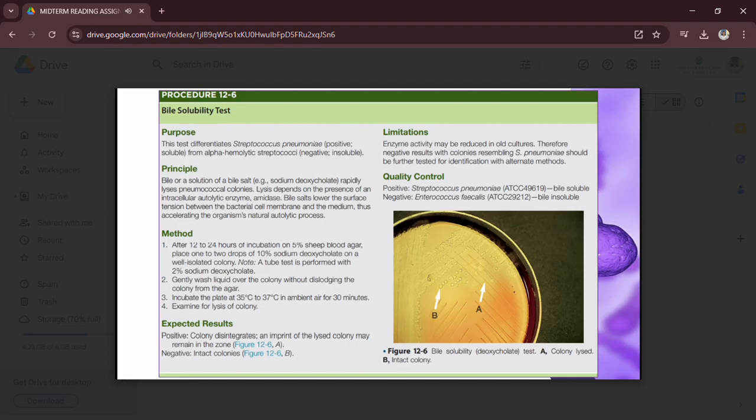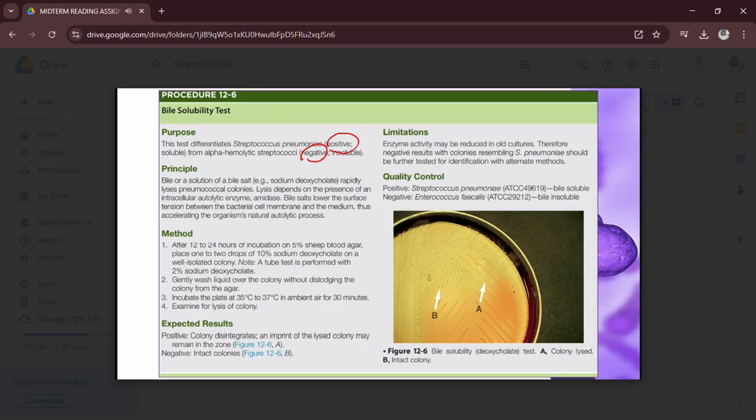Next, we have the bile solubility test. This test mainly differentiates your Streptococcus pneumoniae, which will be positive, from your alpha hemolytic streptococci na negative, meaning insoluble siya. Principle, your bile or a solution of bile salt, example, sodium deoxycholate, they rapidly lyse pneumococcal colonies.